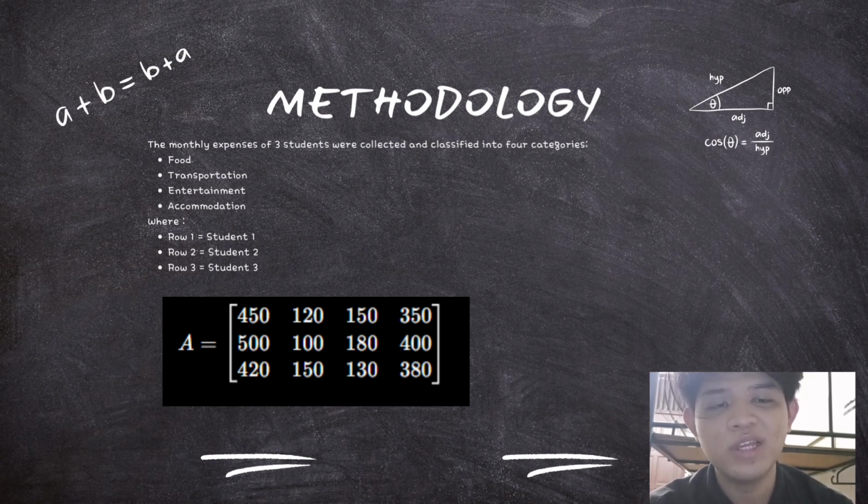In matrix A, the first row is 450, 120, 150, and 350. The second row is 500, 100, 180, and 400. And the third row is 420, 150, 130, and 380.